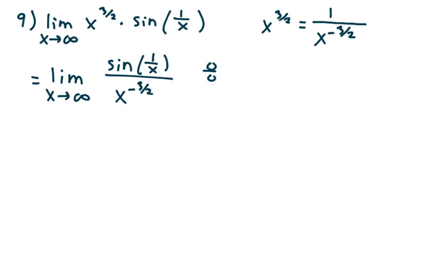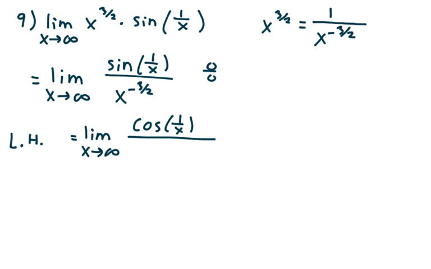And we have to understand L'Hopital's rule will apply. So by L'Hopital's rule, this is equal to the limit as x goes to infinity of, by the chain rule, cosine of 1 over x times negative 1 over x squared. That's the derivative of 1 over x with respect to x.